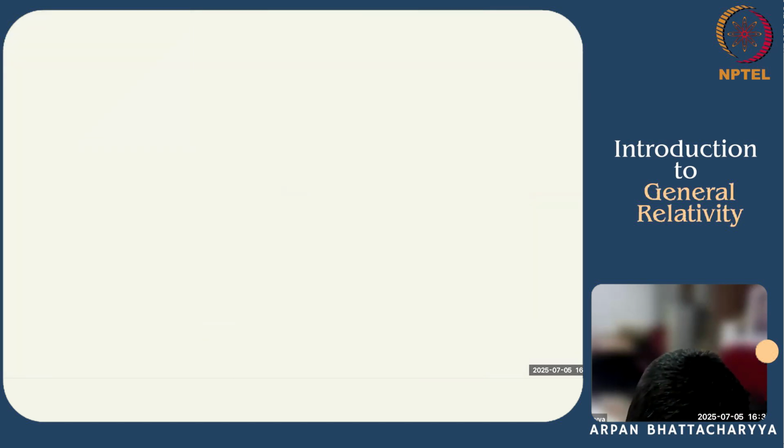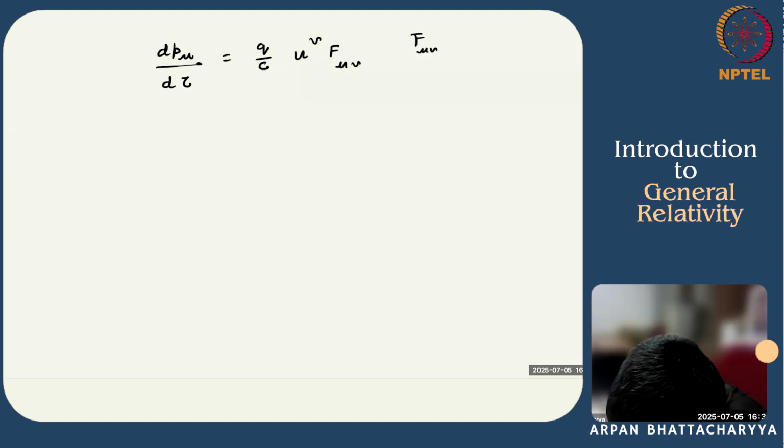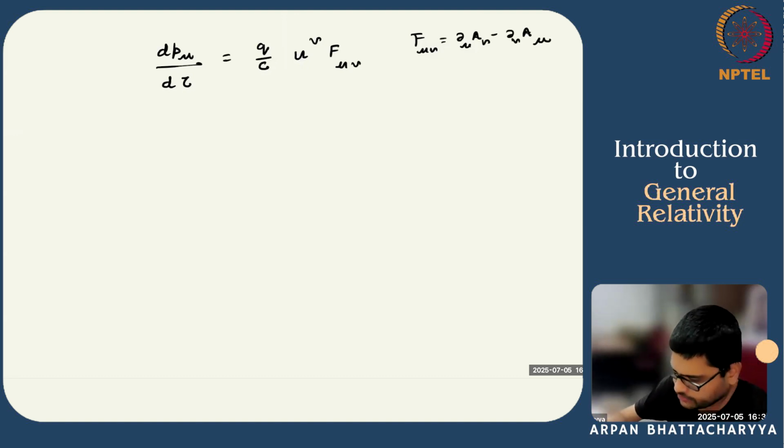So we have dp mu by d tau equals q by c u nu F mu nu, and F mu nu, remember, is defined as del mu A nu minus del nu A mu. Basically, we have added this additional term.